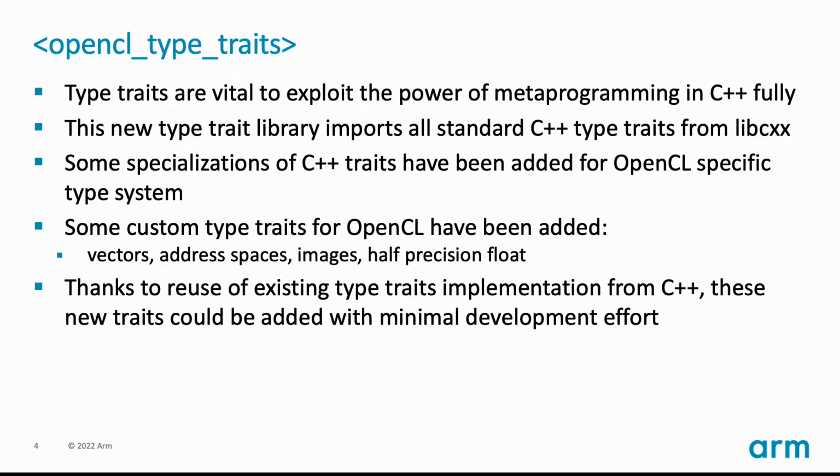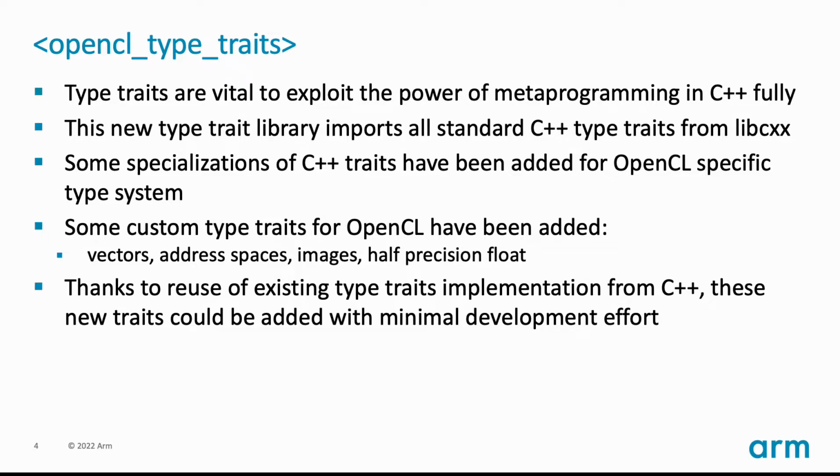In the following few slides, I would like to spend a little bit more time to dive into the OpenCL type trait library. Type trait is an essential library to facilitate metaprogramming in C++. And this new library is inherited from the libcxx project, therefore all the type traits from C++ can be used.